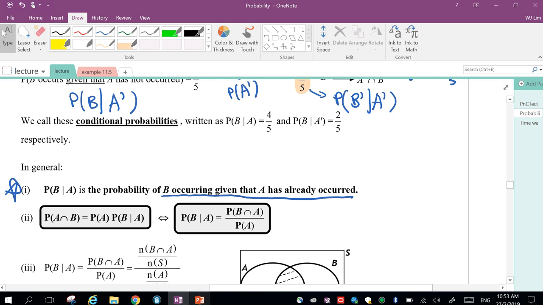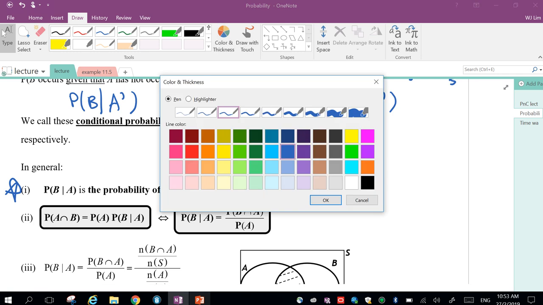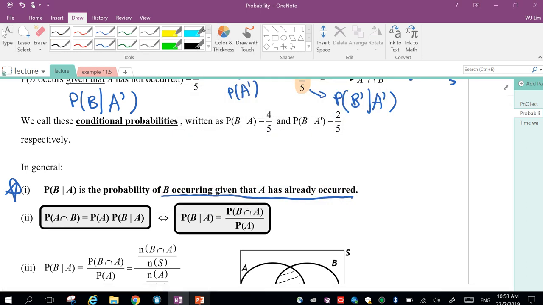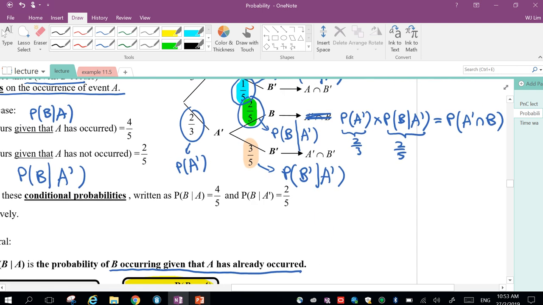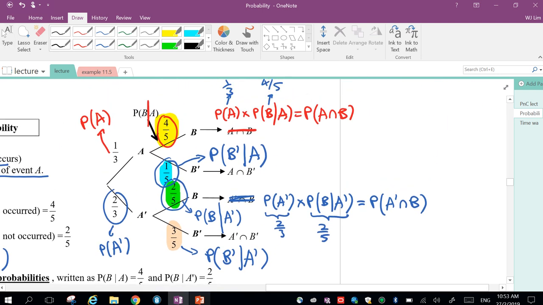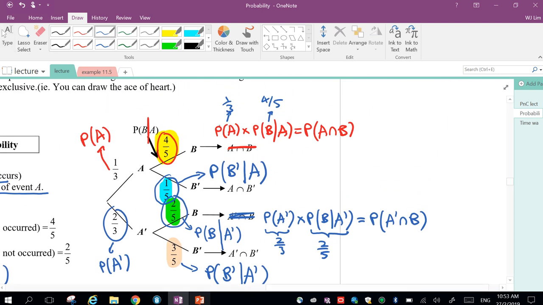Please highlight this part, and highlight the second point. How is this formula derived? You still remember this red color one, this part here?